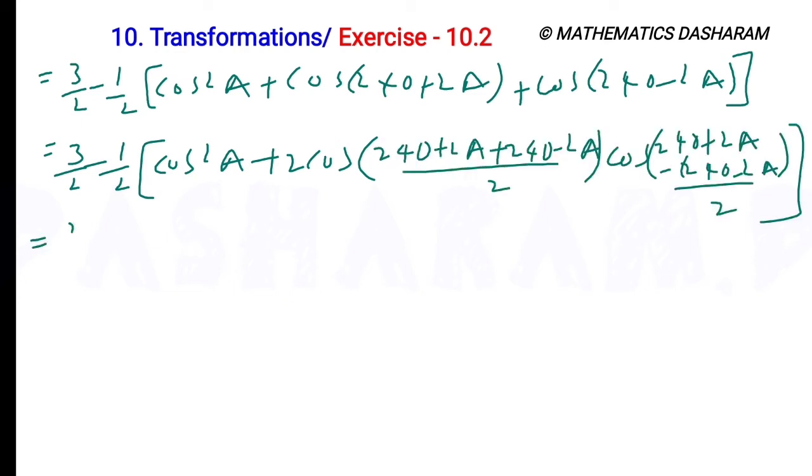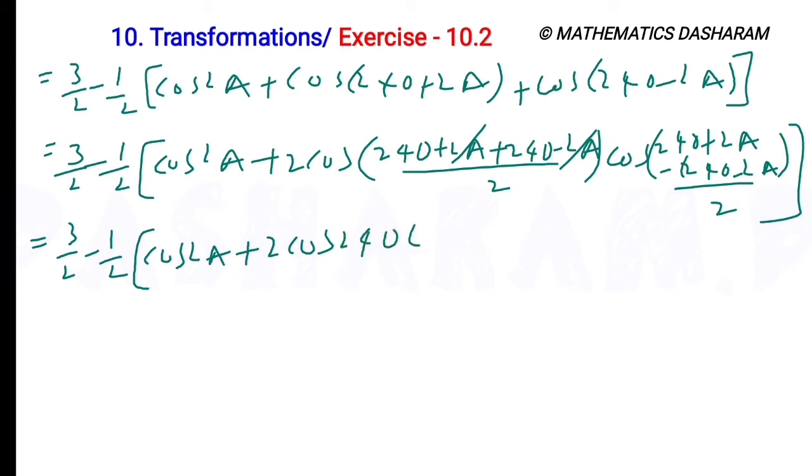So it is 3 by 2 minus 1 by 2 bracket of cos 2a plus 2 cos: 2a minus 2a cancel, 240 plus 240 is 480, 480 by 2 is 240, into cos: 240 minus 240 cancel, and here is 2a.